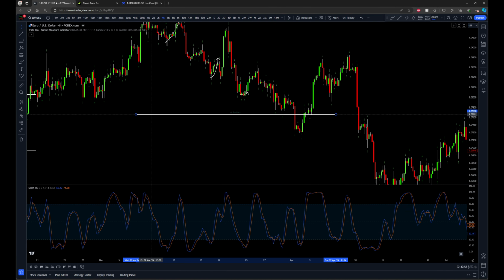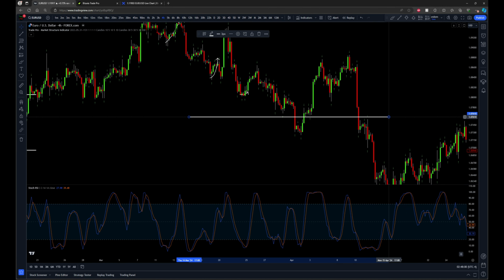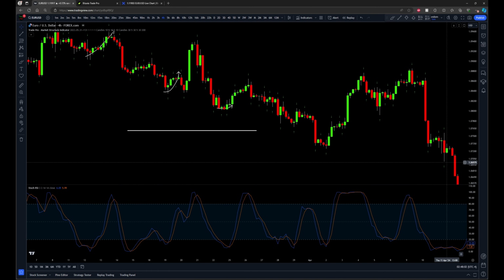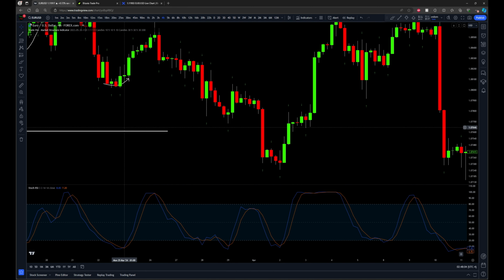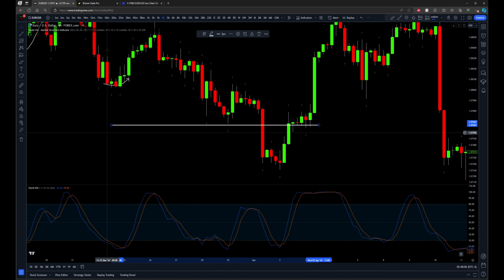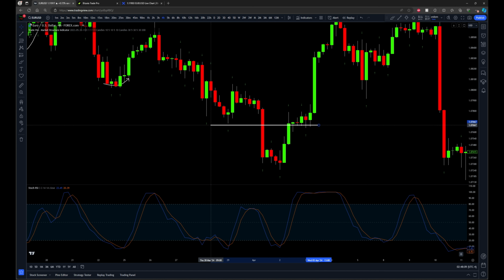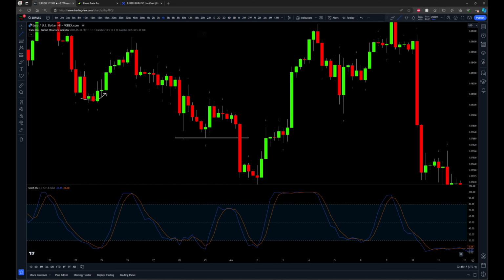Looks like we get a little pullback with a new structure here. There's a high.